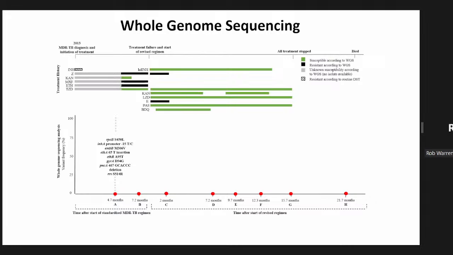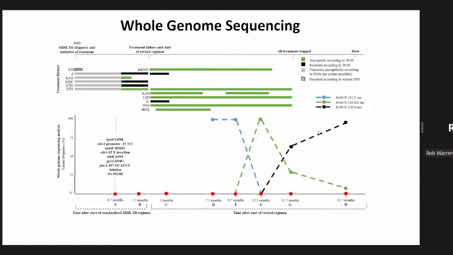So then we sequenced these genomes, and we found mutations conferring bedaquiline resistance after the bedaquiline stopped. But most surprisingly, when we started analyzing, we could see that a resistance marker disappeared, and a new resistance marker appeared, and then it disappeared again, and another one appeared, until the patient finally had this black resistance marker, to make it simple.